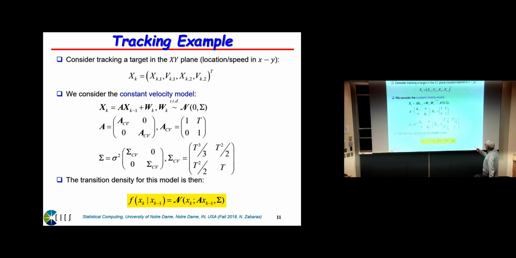Okay? Notice this is a vector of 4 by 1. This matrix A here is 4 by 4. And we put some Gaussian noise. And actually, if you expand the vector xk and the vector xk minus 1, this equation makes lots of sense, right? It says the x coordinate at time k is what?